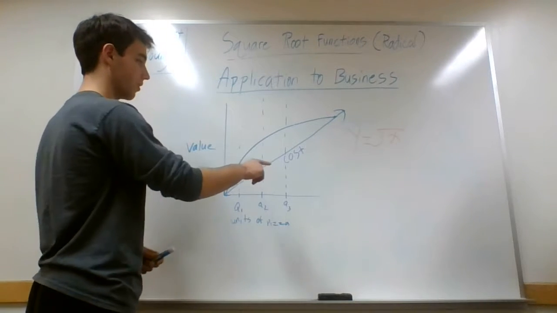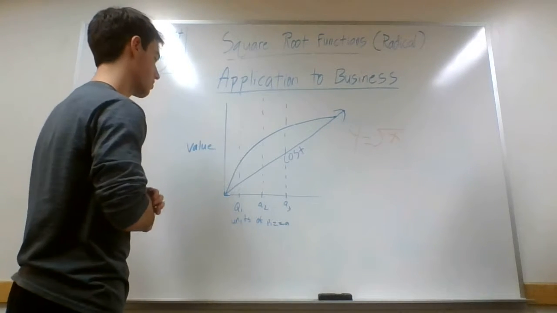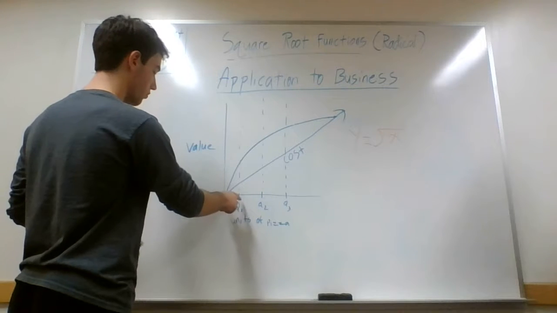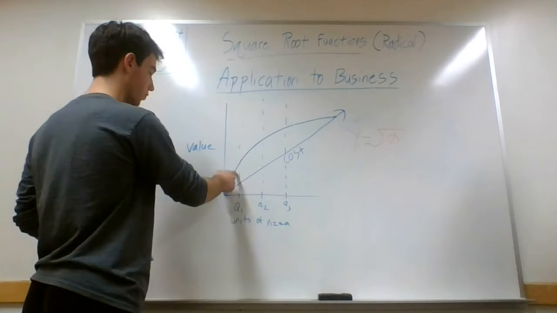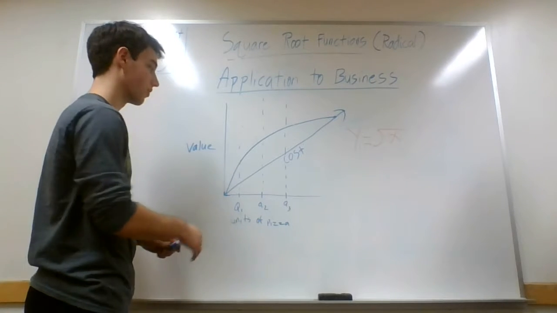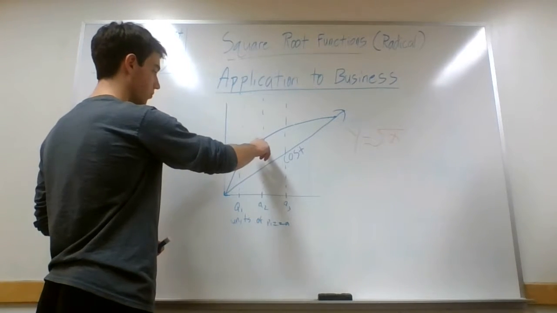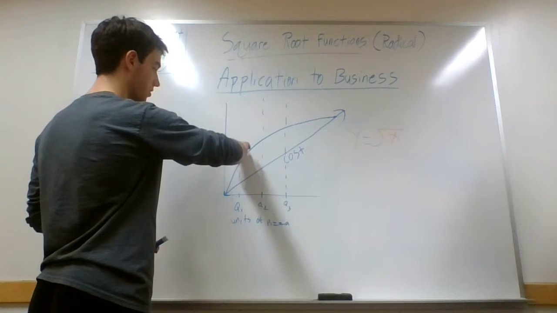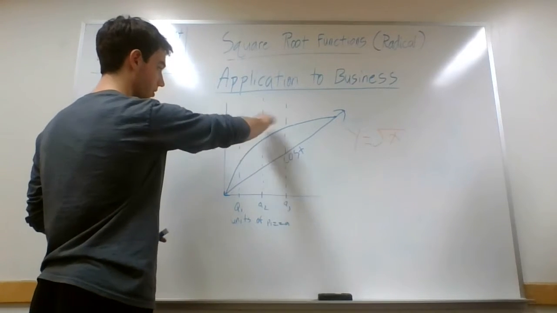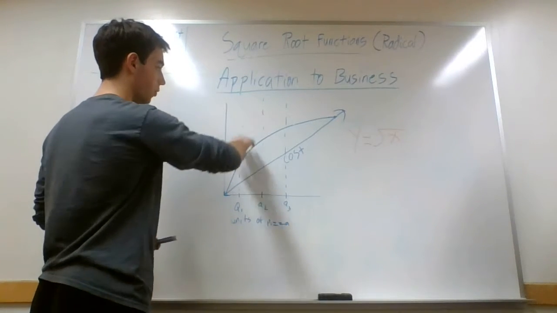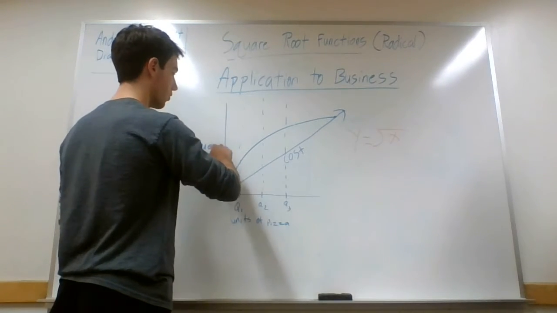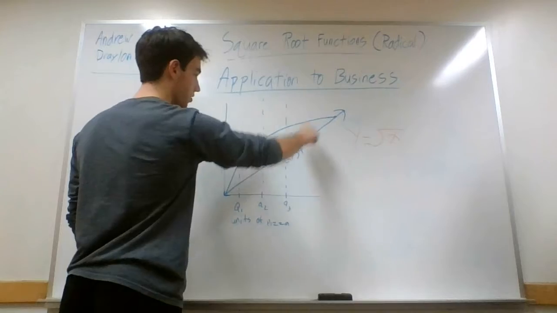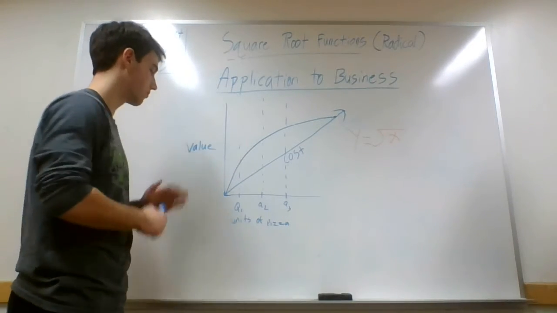So we're kind of using y equals the square root of x for this, because for each unit of pizza, it becomes less valuable to us. The first one is very valuable to us because we're really hungry. And then the second one is a little less valuable. You can see that by the slope becoming less and becoming flatter. And then as you go higher and higher, it becomes less valuable until you get to the point where your value and your cost cross right there. So there you go.